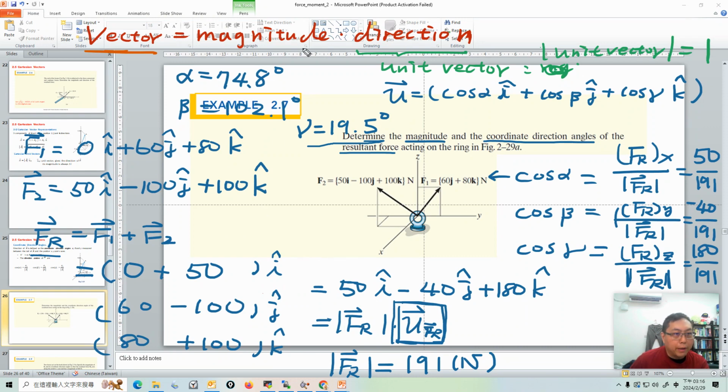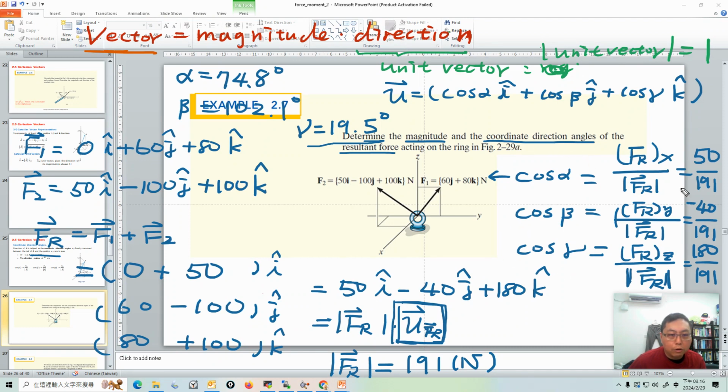The vector equals magnitude times the direction, so you just factor your magnitude out, and the terms left will be your unit vectors. The x component is cosine alpha, y component is cosine beta, z component is cosine gamma. After you find cosine alpha, cosine beta, and cosine gamma, you will find alpha, beta, gamma, the coordinate direction angles.